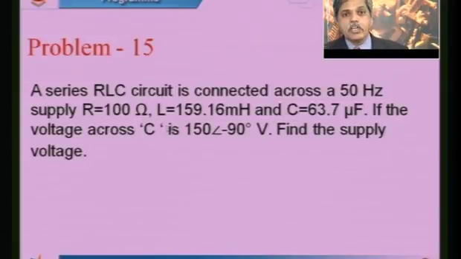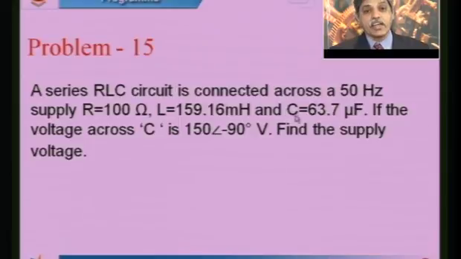Any one of the voltage drops is sufficient to calculate the current in the circuit, because all three elements are connected in series. If any one element's voltage is known, I can calculate the current. As I know the voltage across the capacitor, dividing this voltage by the capacitive reactance value, not the capacitance, you can find that current.